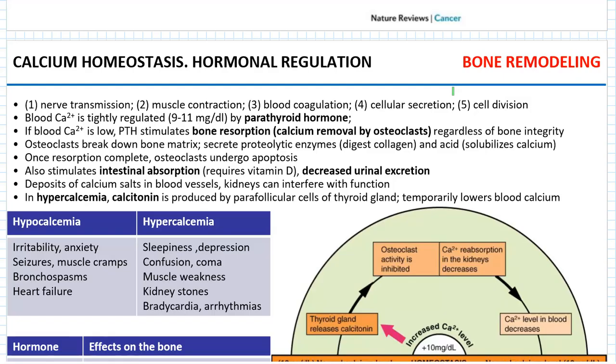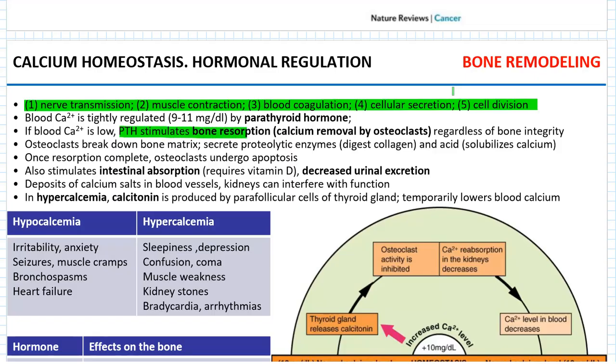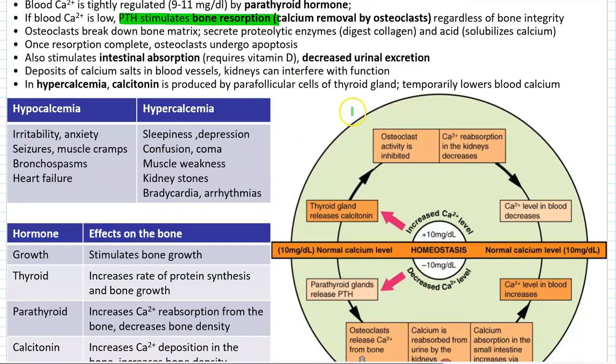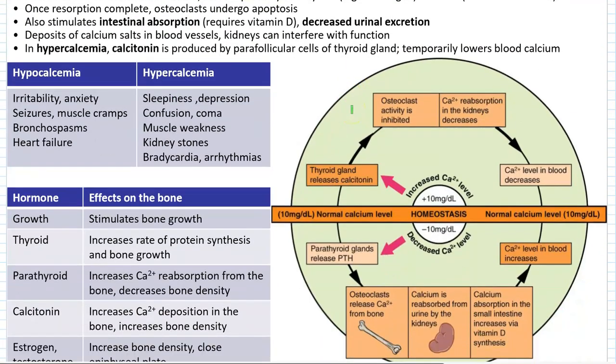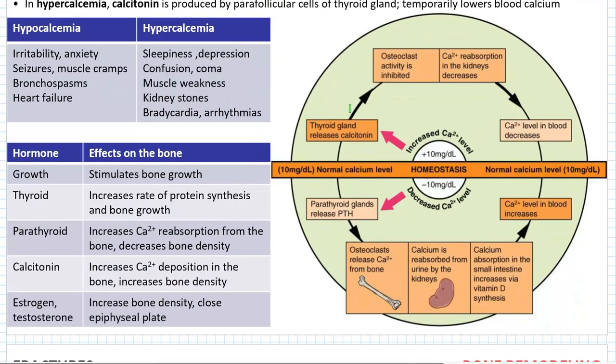Okay, so calcium is super important. Those are just a few functions, with some of them you are familiar already, in which calcium is important. So, calcium homeostasis is regulated by parathyroid hormone. When calcium is low, let's take a look at what happens when the calcium is low.